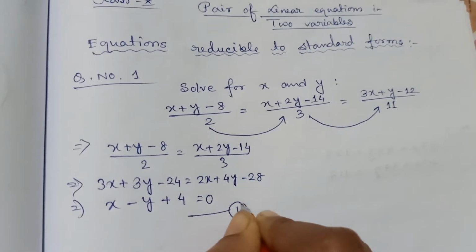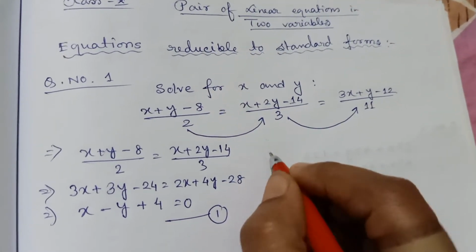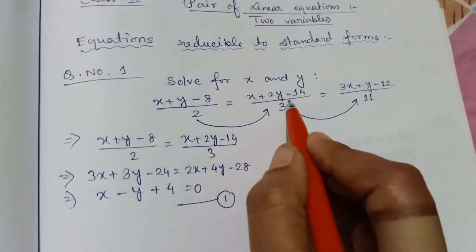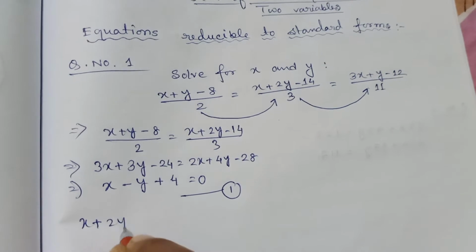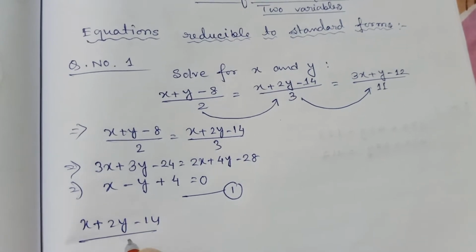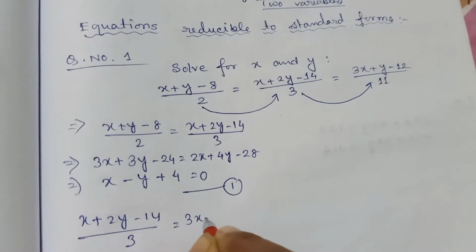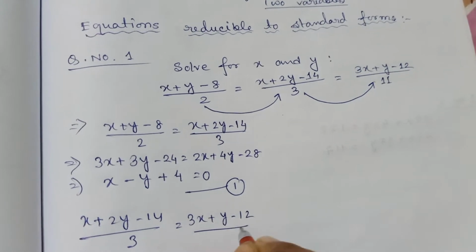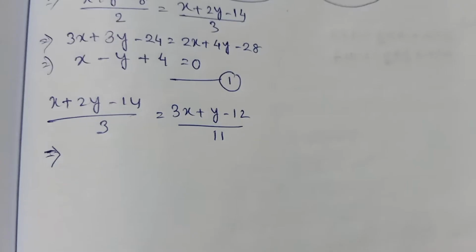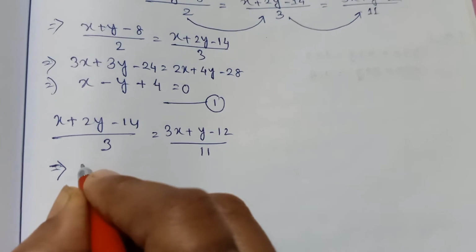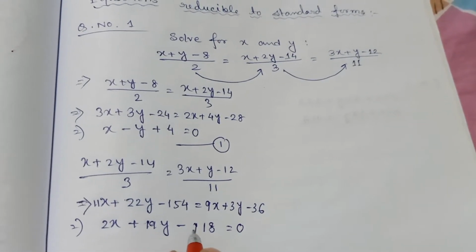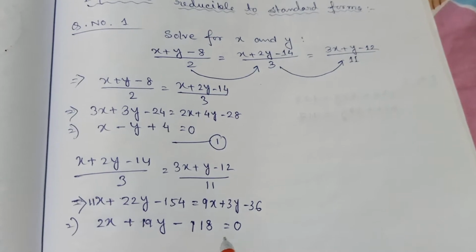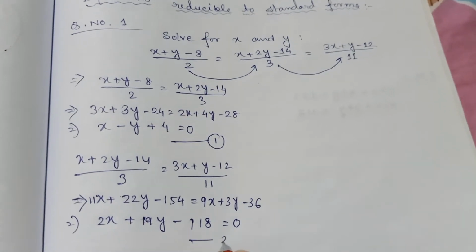This is equation number 1. Then we will do these two: x plus 2y minus 14 divided by 3 equals 3x plus y minus 12 divided by 11. After calculation we get 2x plus 19y minus 118 equals 0, and this is equation number 2.